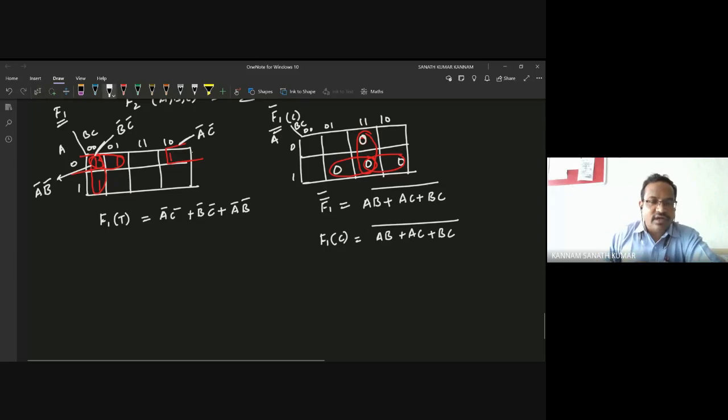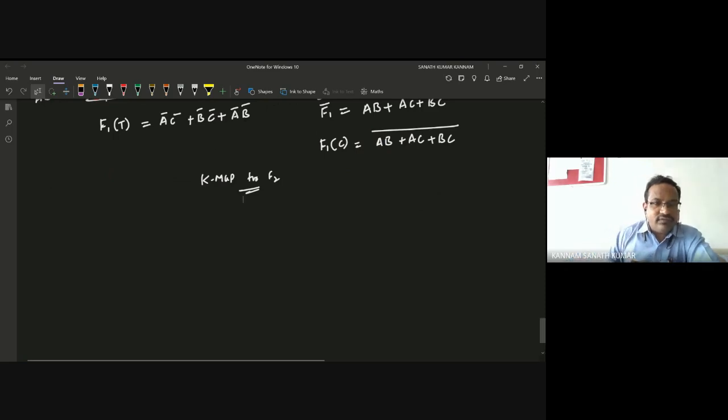This is the K map for F1. And similarly, the K map for F2. You need to calculate the K map for both F2 and the complement of that one.